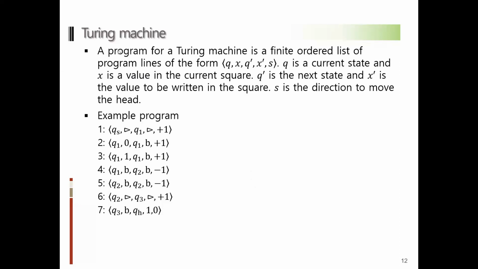So the meaning of the Turing machine is that if we want some kind of mathematical model of the modern computer, then any kind of task which can be achieved by the modern computer can also be achieved by this Turing machine.